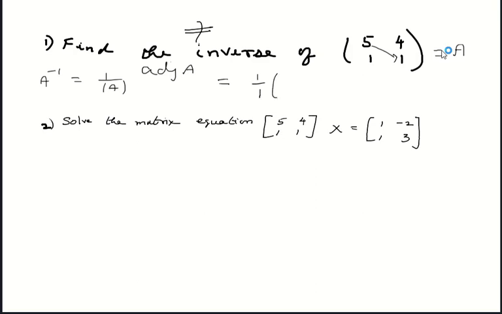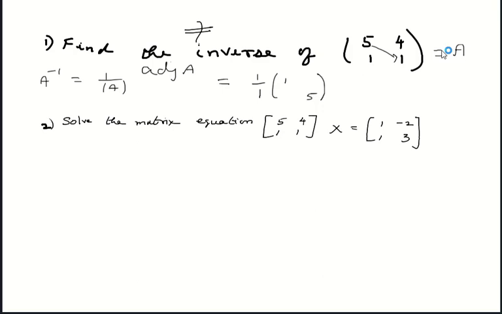Now how to calculate adjoint of a 2 by 2 matrix? Adjoint of a 2 by 2 matrix is done by swapping the elements of the main diagonal. So main diagonal, what elements are present? 5, 1. Just swap it. So it becomes 1, 5. So I have swapped the main diagonal and changed the sign of the elements in the other diagonal.